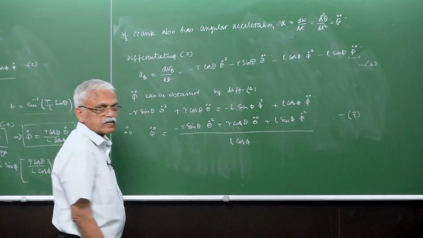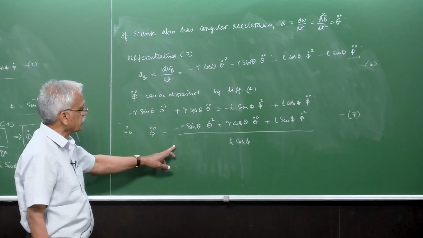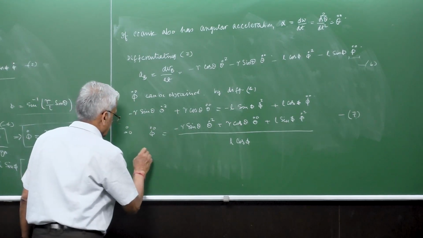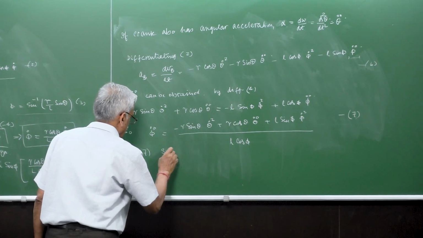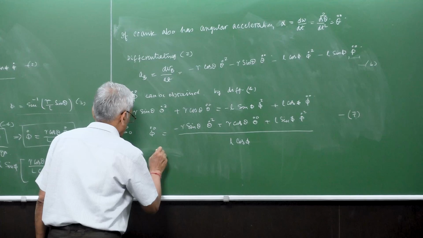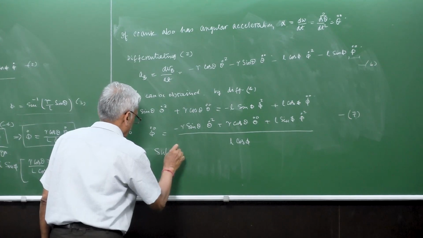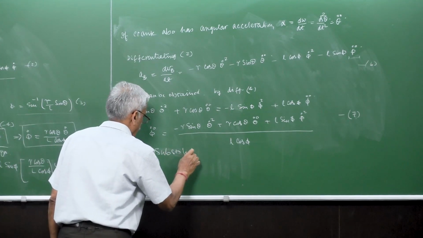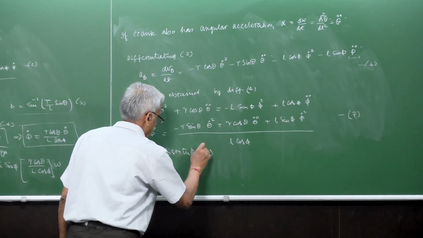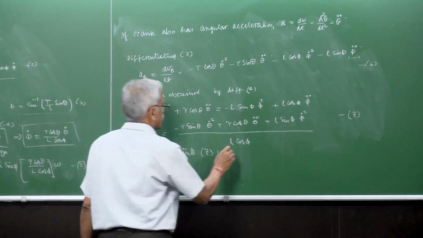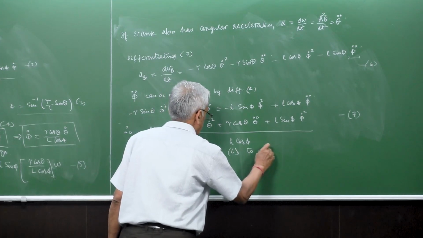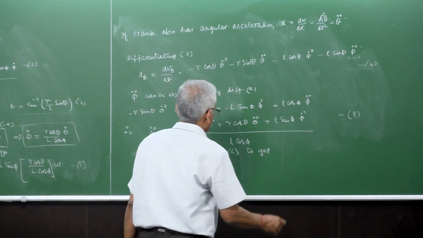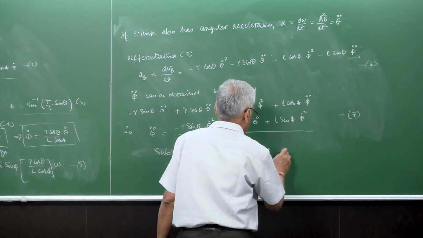So these things can be substituted. This 7 can be substituted into 6 to get an equation.